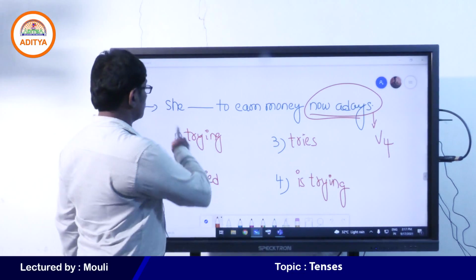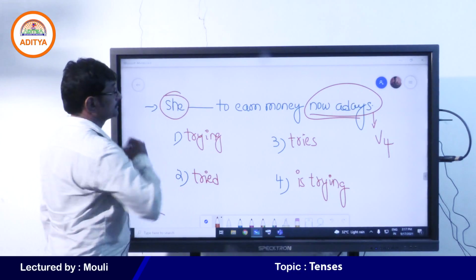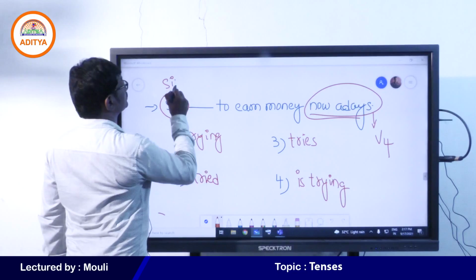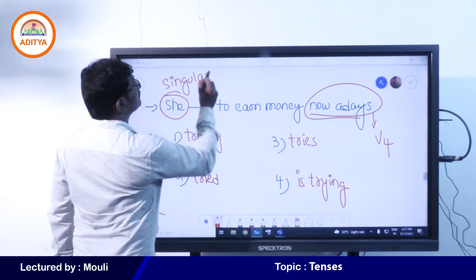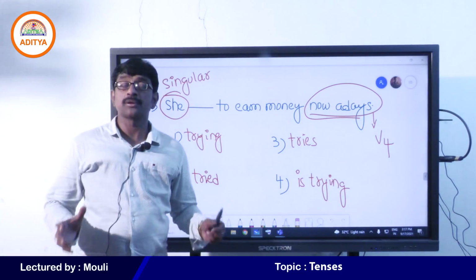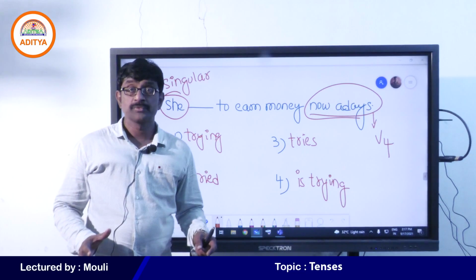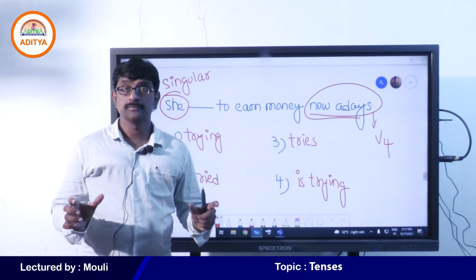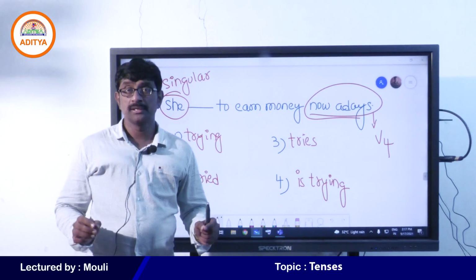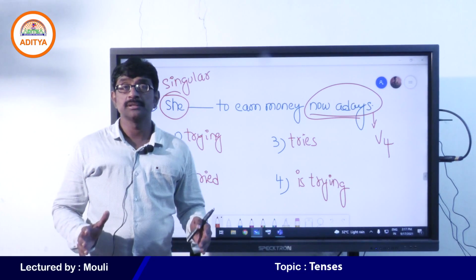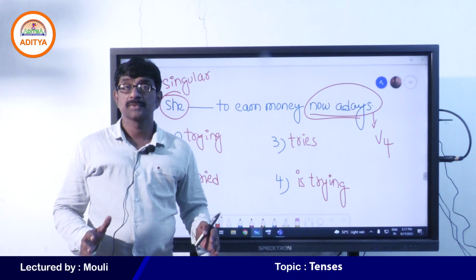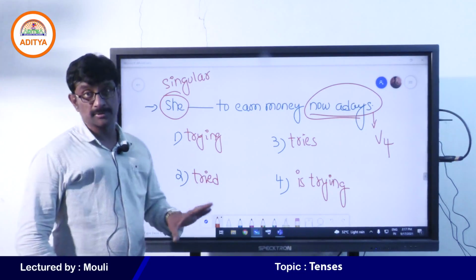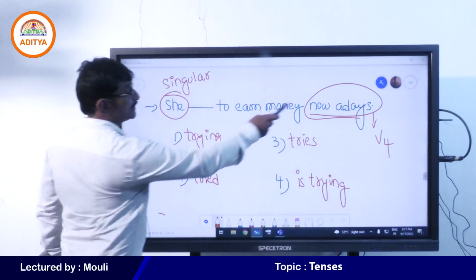And if we look at this, here "she" is there. She means singular. I always tell you, students, if we want to find a singular verb in a sentence, we have to look for an S-ending word.